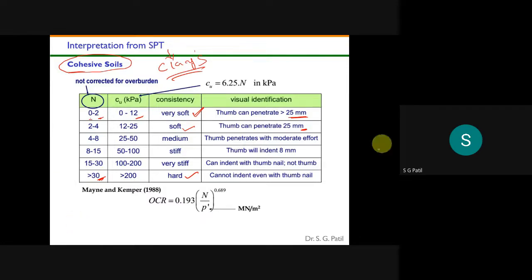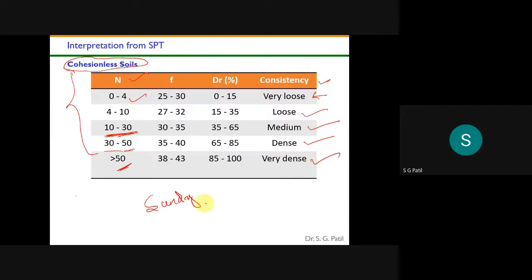So these tables will be helpful once you start practicing, once you start your career. During that time, these tables are useful. These tables are not useful for your exam purpose. I put these tables only to have some feel about n value. Someone is telling me, I got an n value of 10.